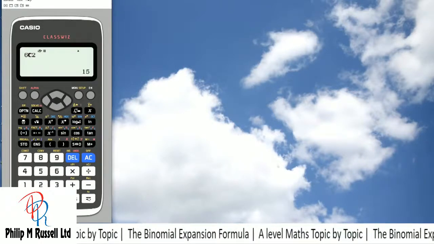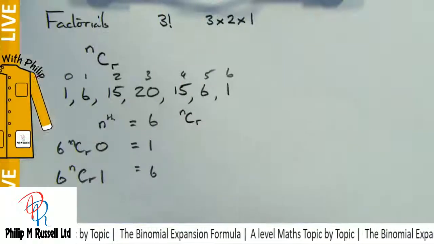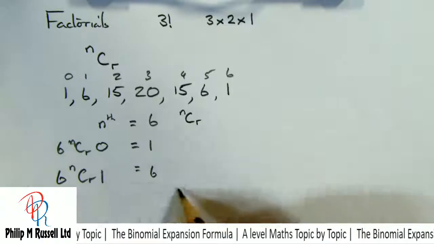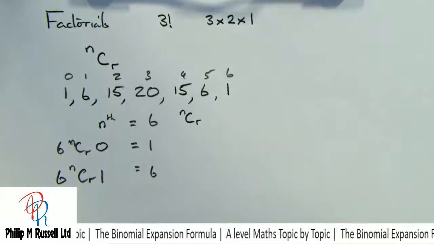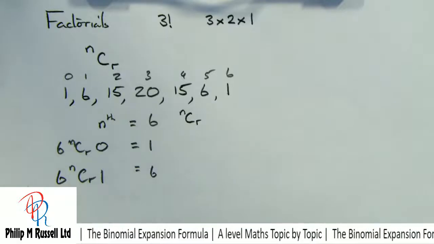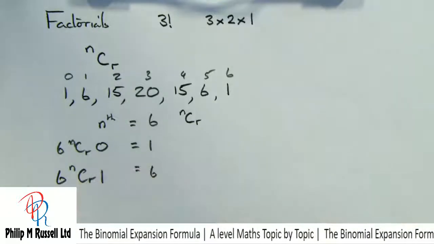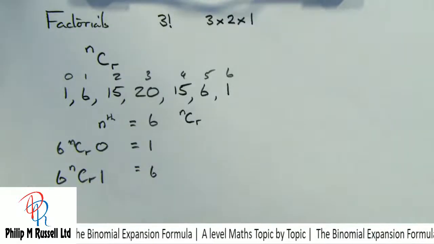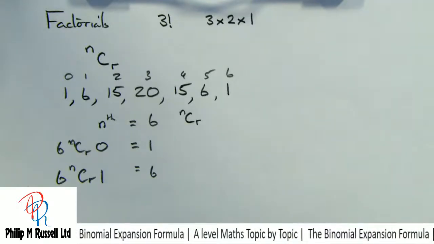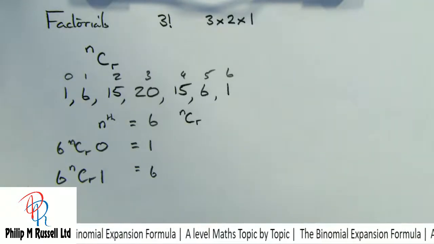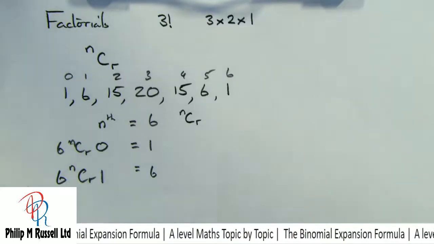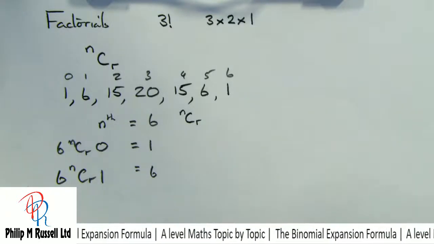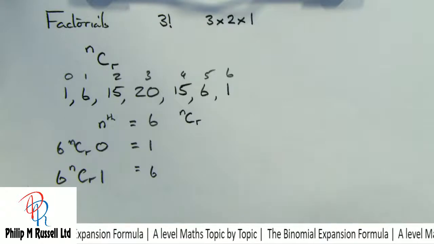And there we do. So we can work out these different numbers by using this nCr button on our calculator. So this helps us work out what we're doing when we come to working out Pascal's triangle.